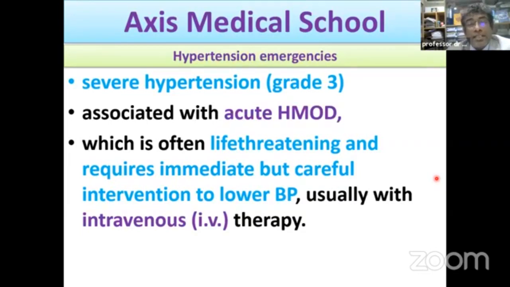The patient is in stage 3 or severe hypertension along with target organ damage. The patient may have CVD, heart failure or a heart attack, or retinopathy, or papilledema, or proteinuria. There may be one target organ damage, and the blood pressure should be lowered as early as possible, usually by giving intravenous antihypertensive drugs.